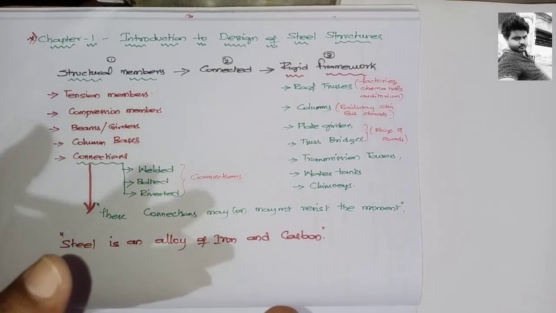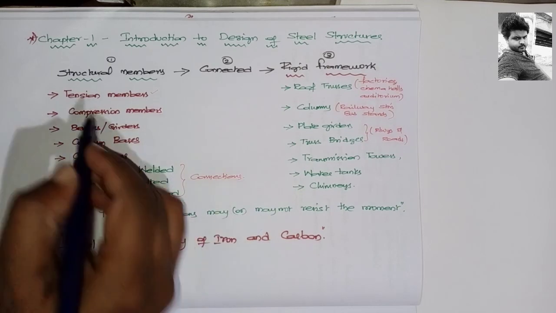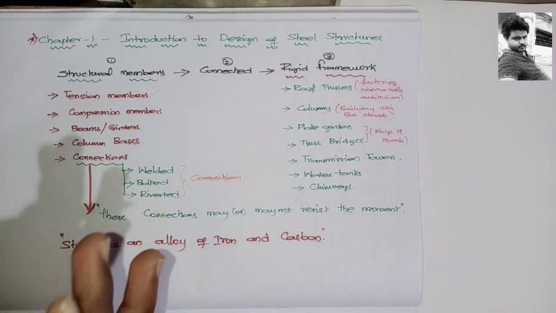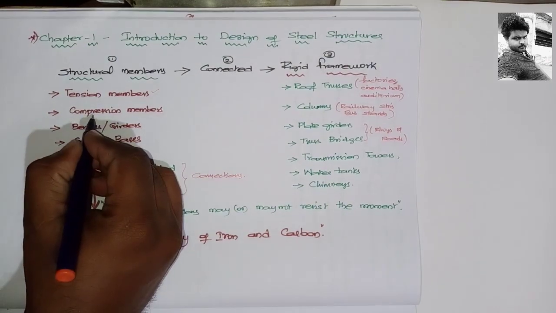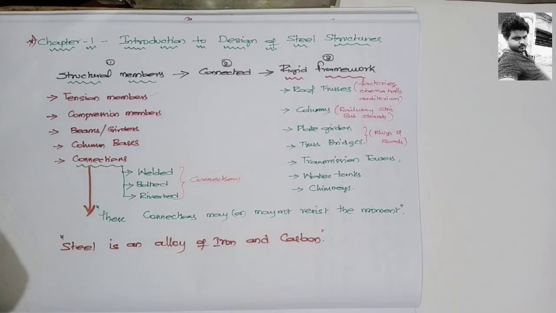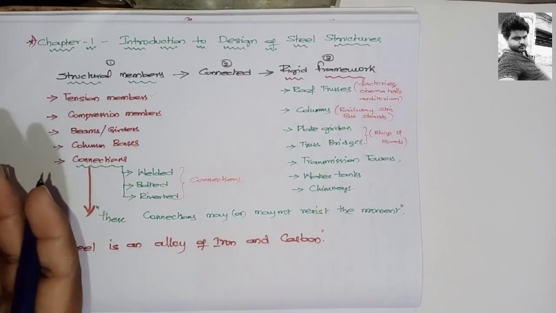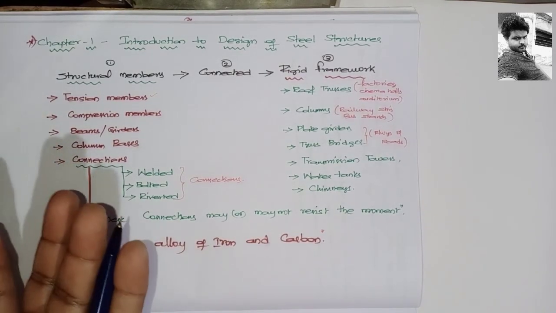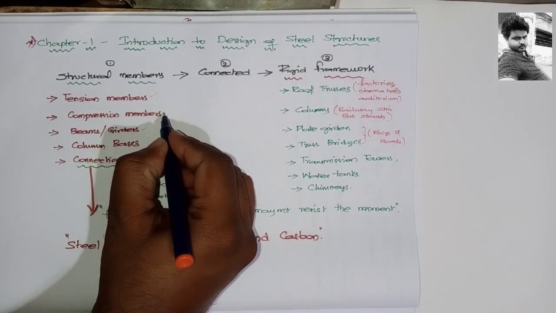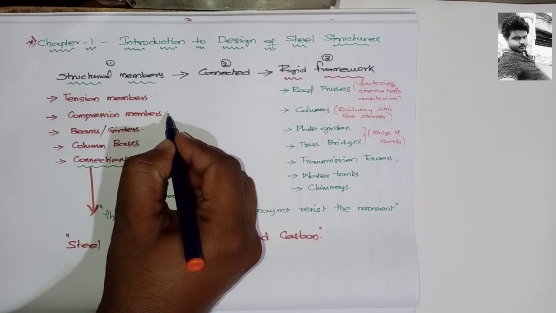Now a member carrying purely tensile loads is called a tension member. Next, if a member only carries compressive loads, we call it a compression member. Next, beams or girders, which carry flexural loads. These are horizontal members, and the others may be horizontal, vertical or inclined.